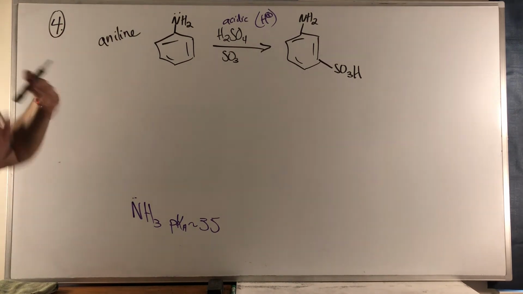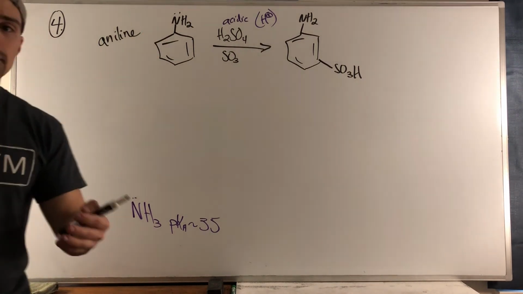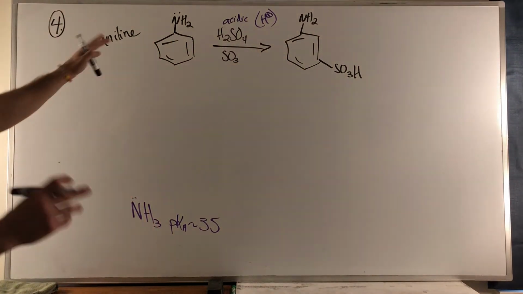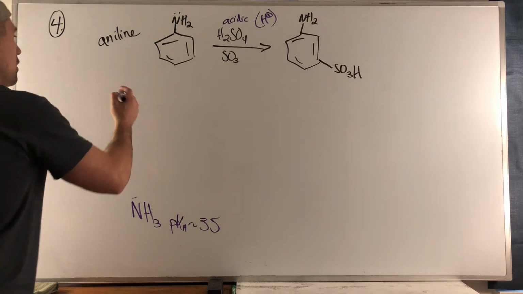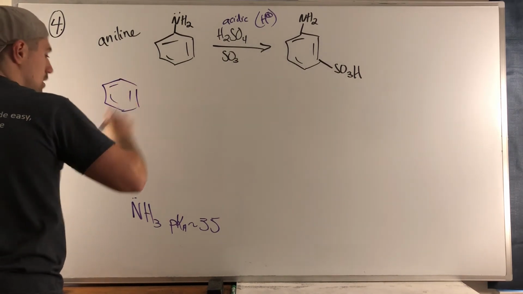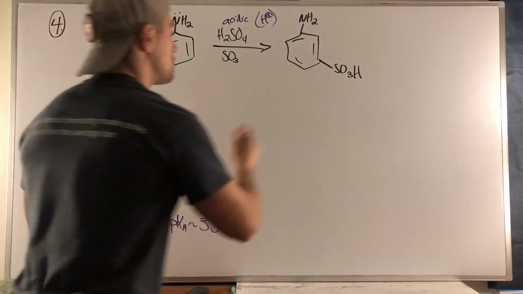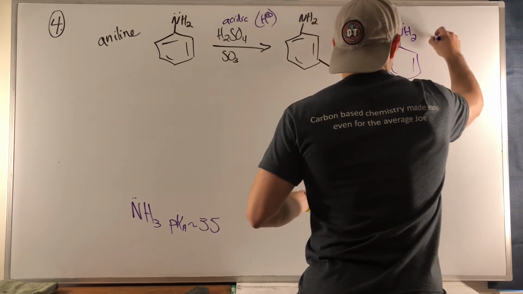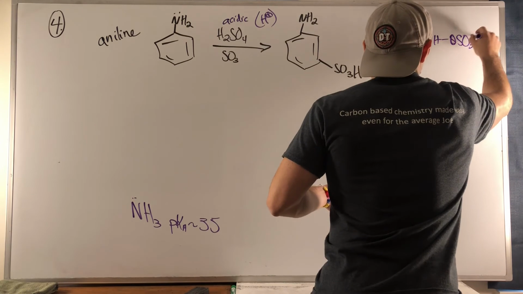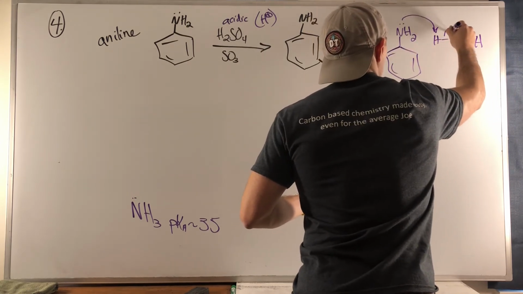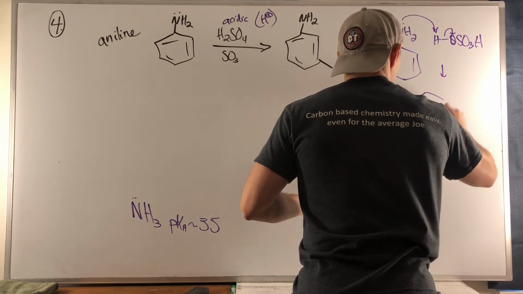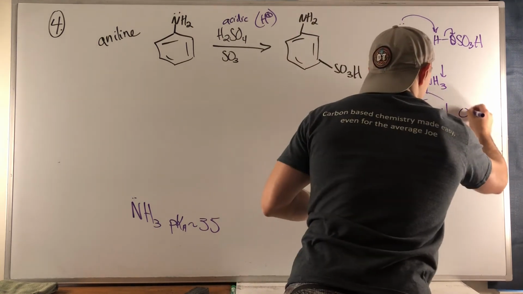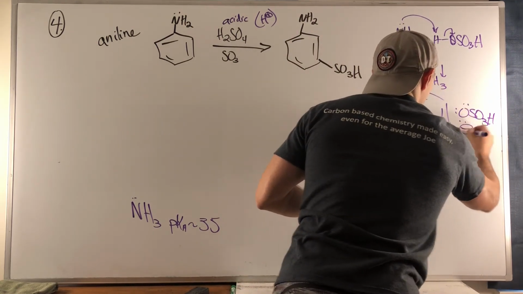So given the acidic environment, what's going to happen? And remember, we've talked about how you can protect your amines, you can acetylate them, but in this particular problem, before you do any actual EAS chemistry, the first thing this nitrogen is going to do, and I'm going to do this top right so I have more space to draw the mechanism, is grab H plus from sulfuric acid, giving us NH3 plus and the conjugate base, right before we even start.